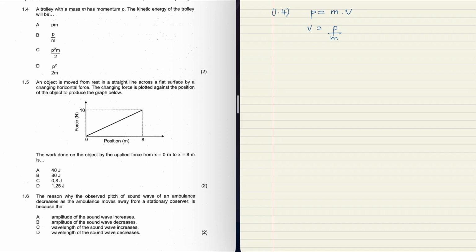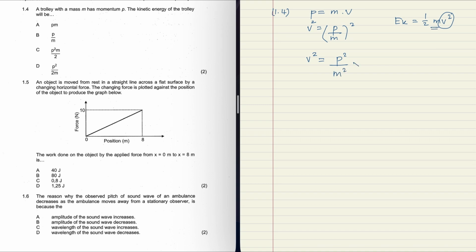But they want kinetic energy, and kinetic energy is equal to half mv squared. So let's work on getting v squared. So I'll square this side, and then I'll have to square this side. So v squared is going to equal p squared divided by m squared. Now we need the m.